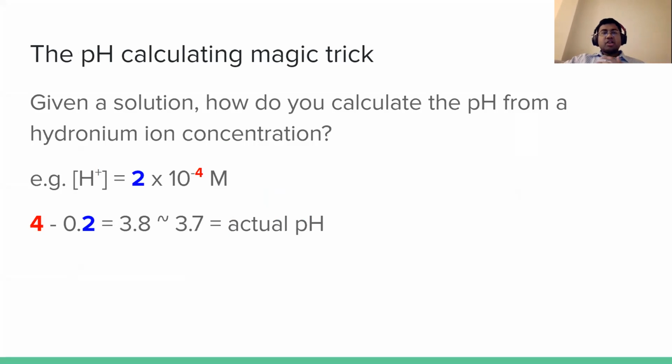This is an approximation, obviously, but you take the 4, which is the exponent, and subtract 0.2 for the base of 2, and you get 3.8. The actual pH is 3.7. So you can use that as a pretty easy way to shorthand and go back and forth from hydrogen ion concentrations to pH.